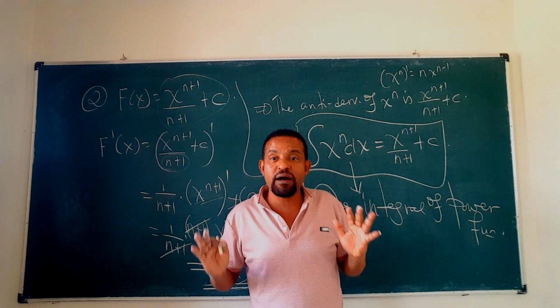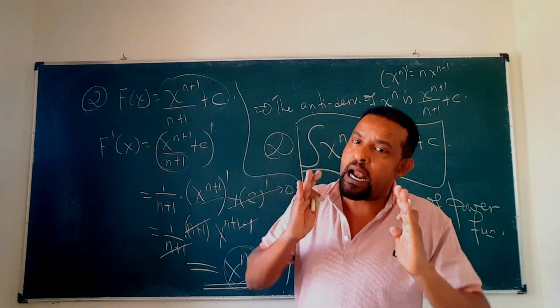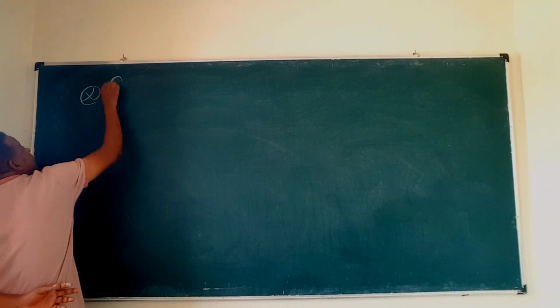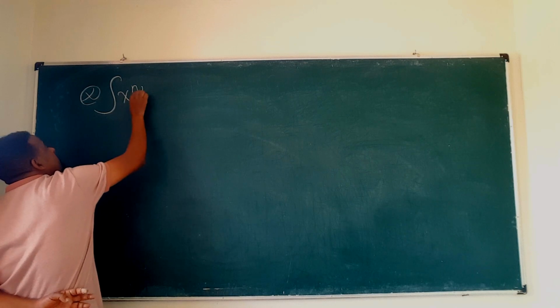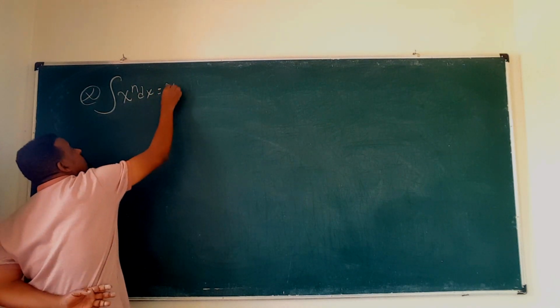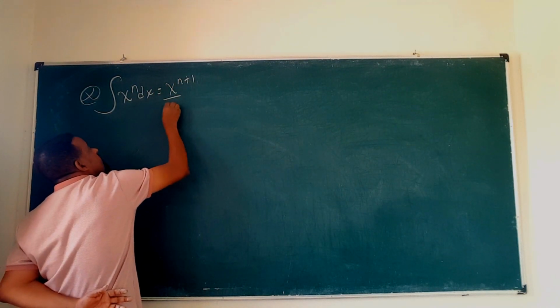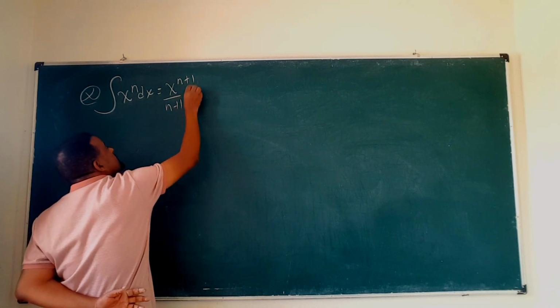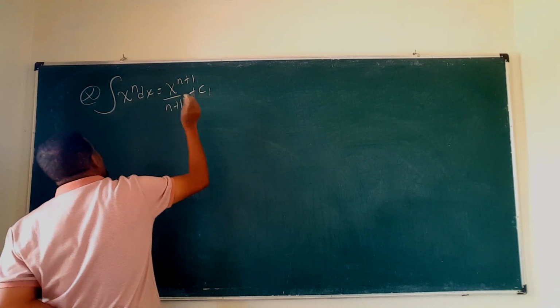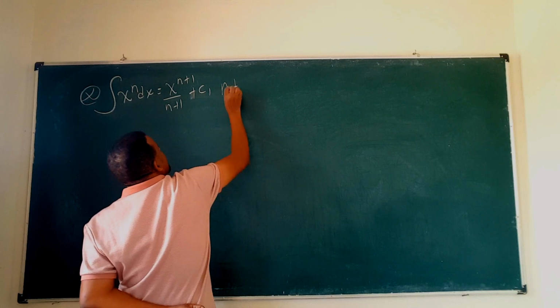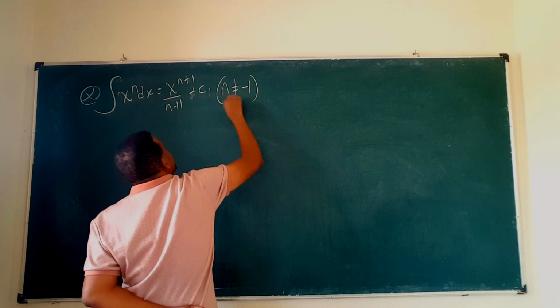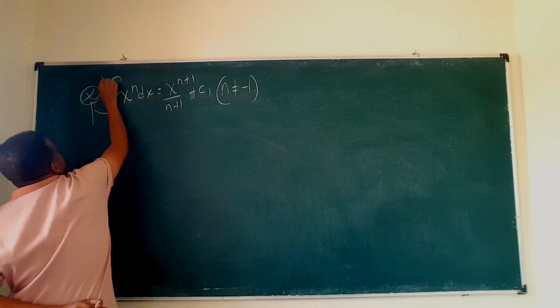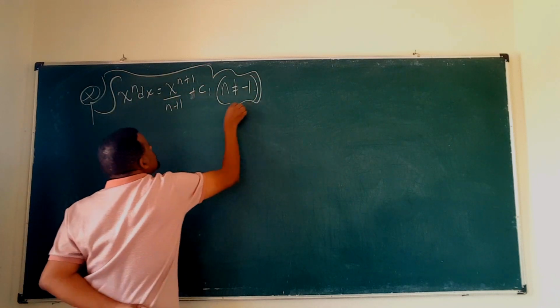You should keep this as a formula. The indefinite integral of any power function dx is x to the power of n plus 1 over n plus 1 plus, of course, c. This works for all real numbers except for n different from -1. Only -1 does not work; this formula is not working for it.